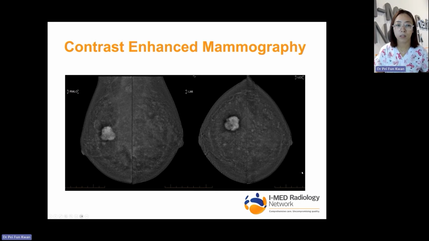This is what you get with routine contrast enhanced mammogram, not the malignancy, but this you can see background parenchymal enhancement throughout both breasts, and the malignancy will enhance more densely compared to the background.